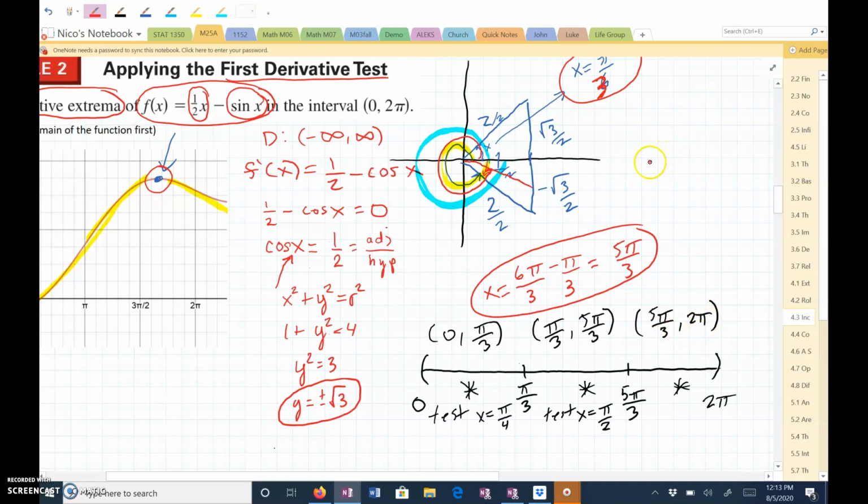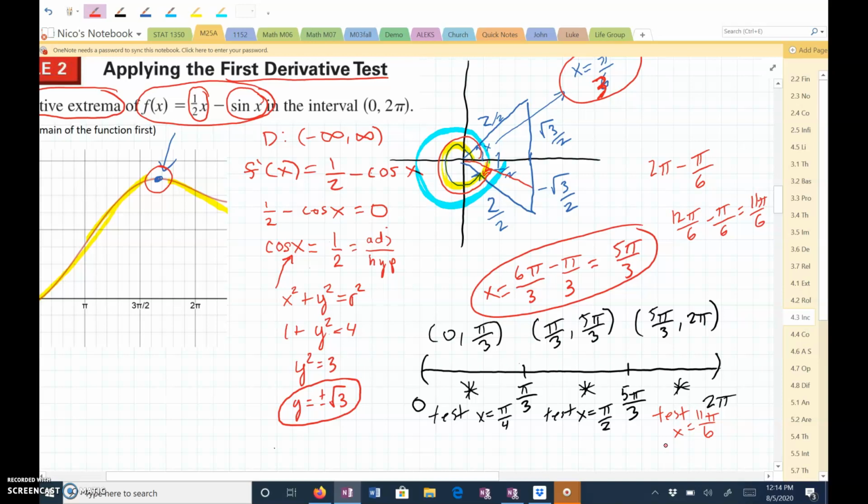So let's do 2 pi minus pi over 6, which would be 12 pi over 6 minus pi over 6, which would be 11 pi over 6. So here we'll test 11 pi over 6. Alright.